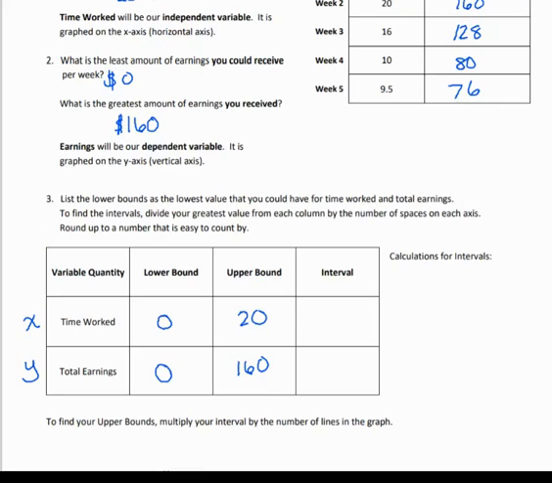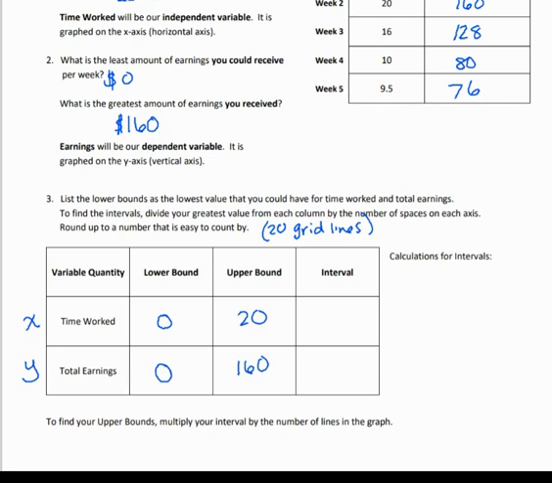There are, starting from the beginning, 1, 2, 3, 4, 5, 6, 7, 8, 9, 10, 11, 12, 13, 14, 15, 16, 17, 18, 19, 20. So there are 20 grid lines. I'm just going to put that in parentheses up here so we know that. So always double check how many grid lines you have and jot that down.